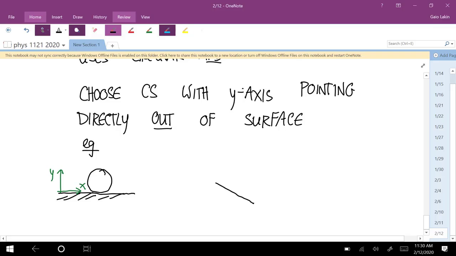And if the surface is that, then we're going to use a coordinate system with the y-axis this way and the x-axis this way.